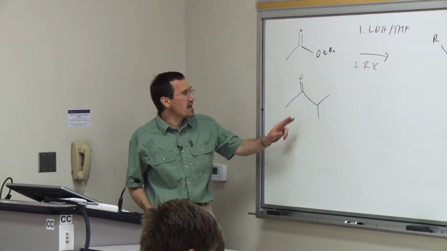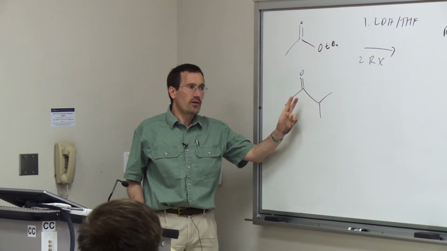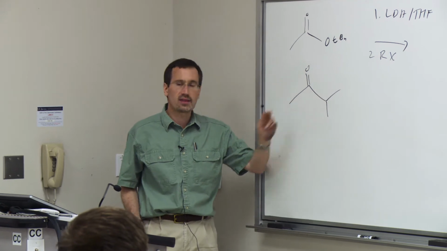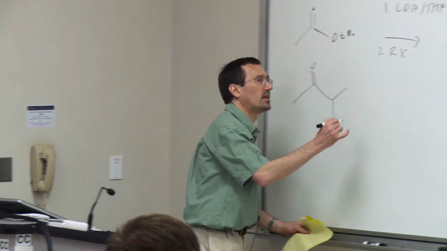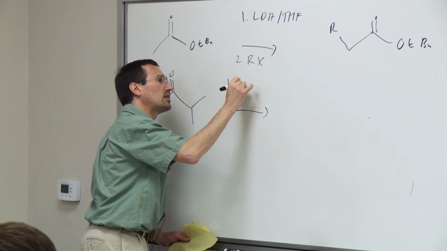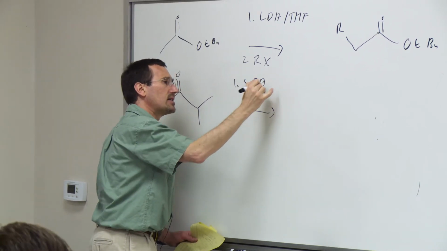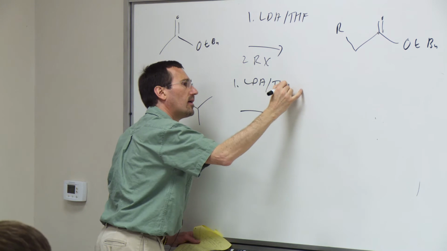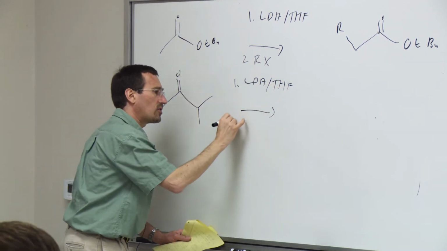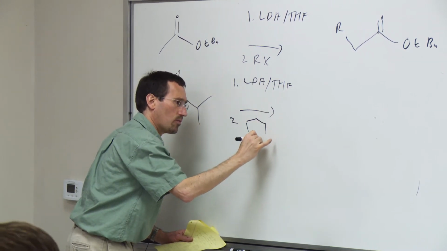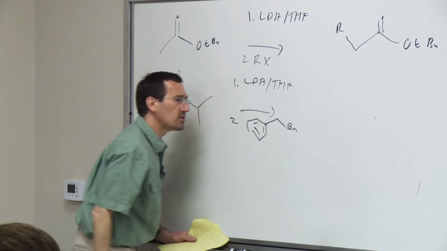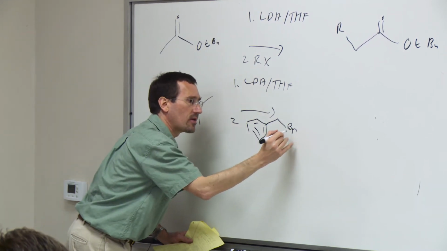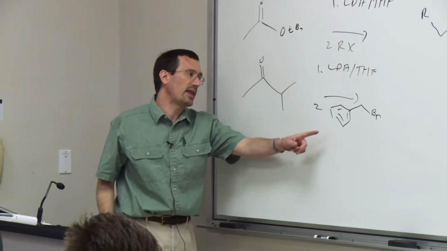So let us take as an example 3-methyl-2-butanone, or isopropyl methyl ketone, as it would be commonly called. And let's look at the reaction with LDA and THF. And then, as an electrophile, let's take benzyl bromide. Benzyl bromide would be another example of a favorite electrophile.